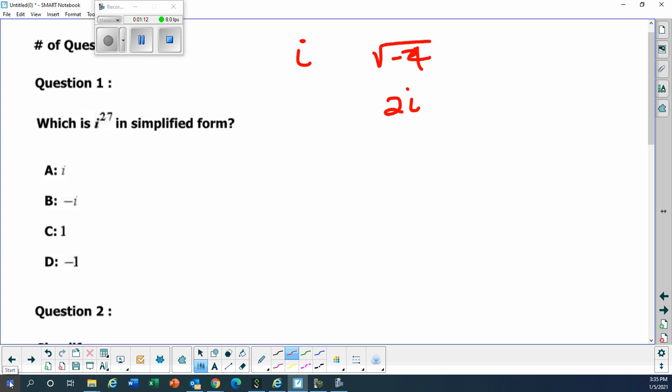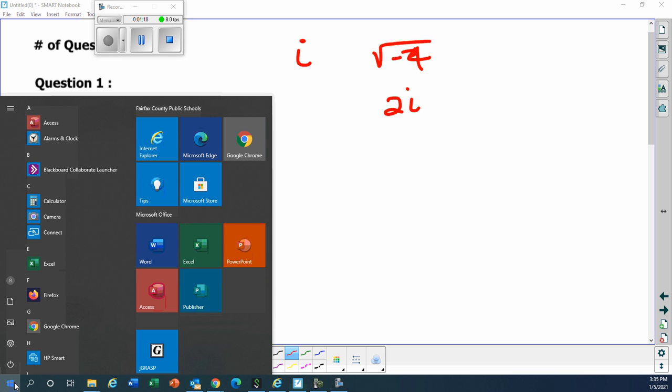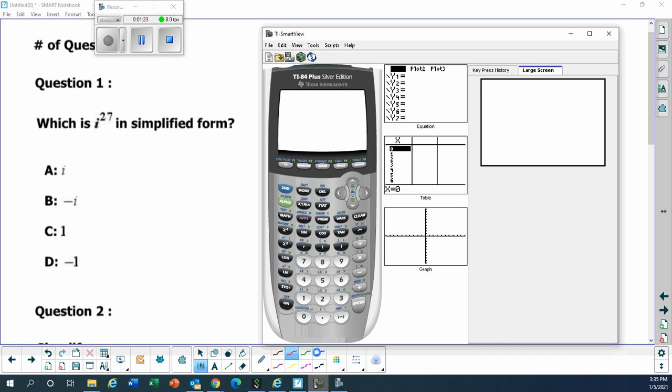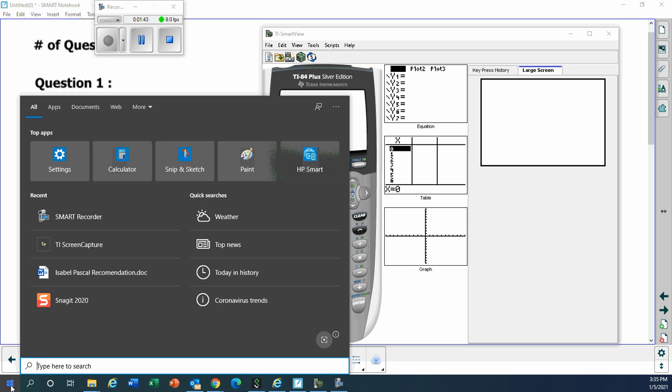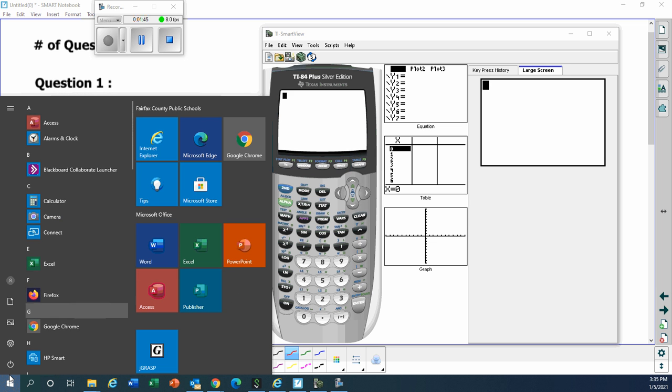If you look into your laptop, if you have a school issue laptop, or if you have a graphing calculator, it has the i feature in it. This is where you see the i. I don't know if you guys can see this, but there's an i here, and that's what we can use. If you wanted to use the TI-84, if you have a school laptop, go to find, and then go to the application.